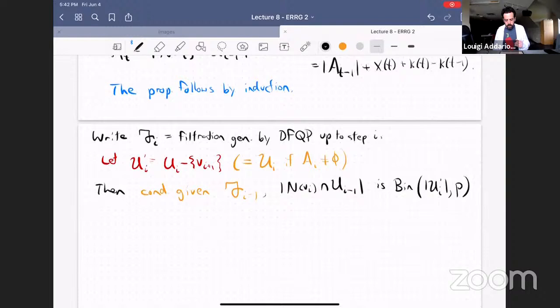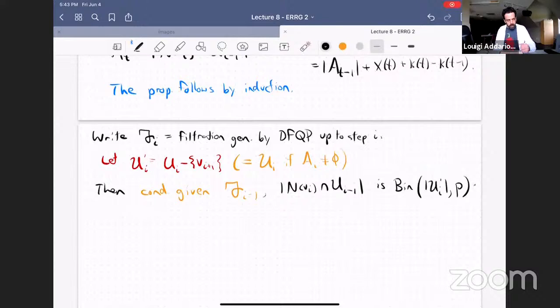Because if the active set wasn't empty, then I just explore a binomial subset of U_{i-1} at the next step. Each edge to the unexplored set is independently present with probability p. But if this set was empty, then first I remove the next vertex from the unexplored set, and then I explore the neighbors in the rest of the graph. So the number of potential neighbors goes down by 1 in that case.